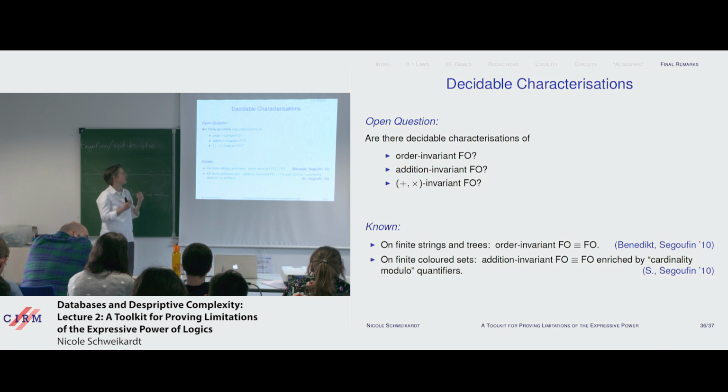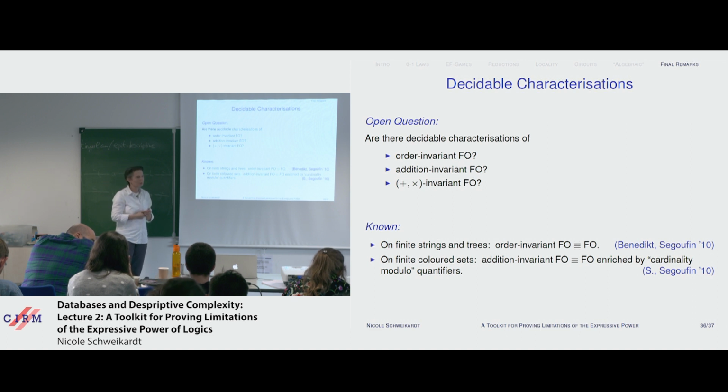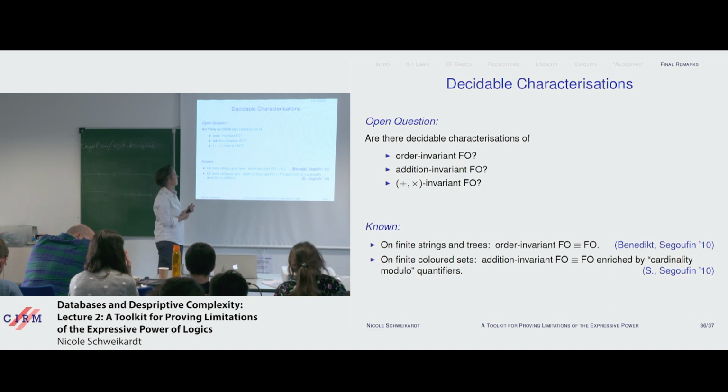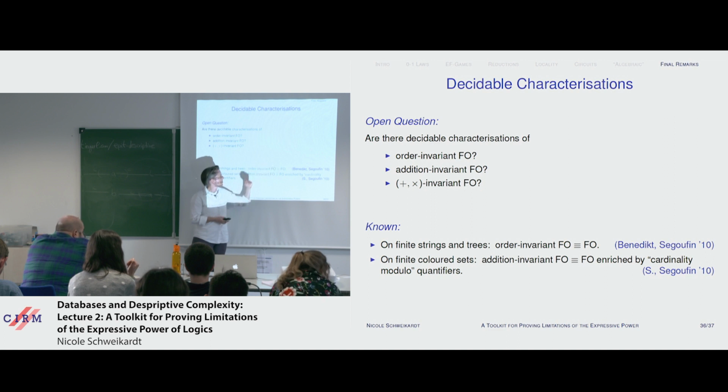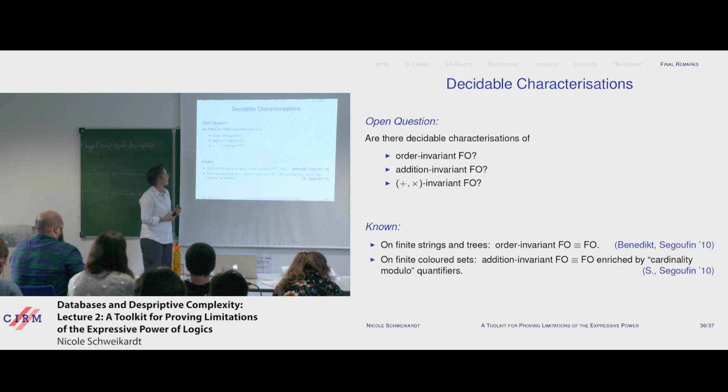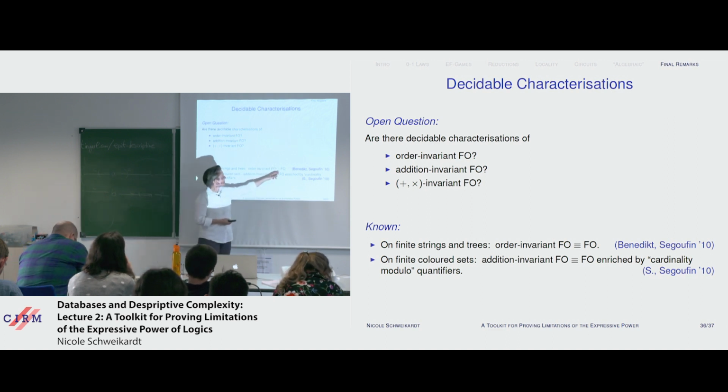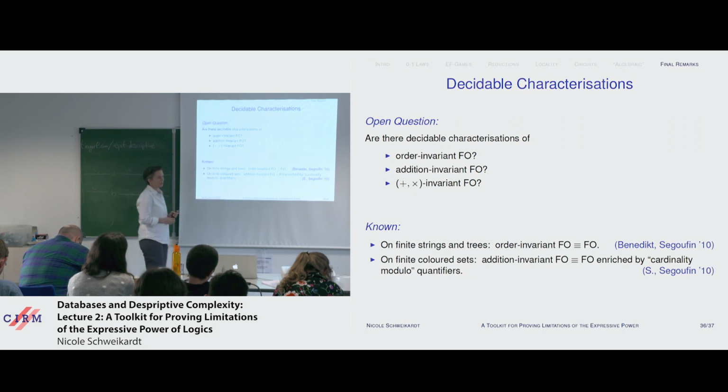And maybe that is too big a step, but if you look at order invariant versions of smaller logics, which are less expressive, that's something where you can still do something. And what do we know? We know on strings and trees, order invariant first order logic has the same expressive power as plain first order logic.